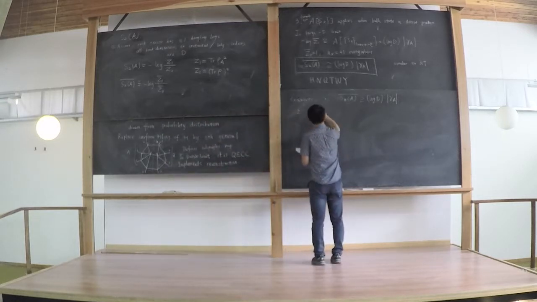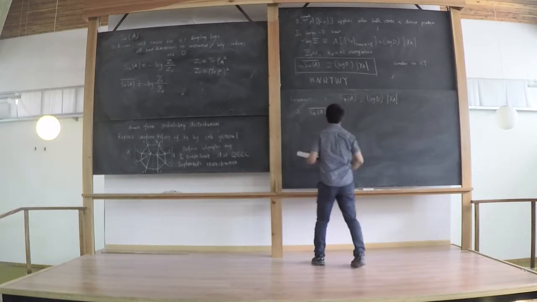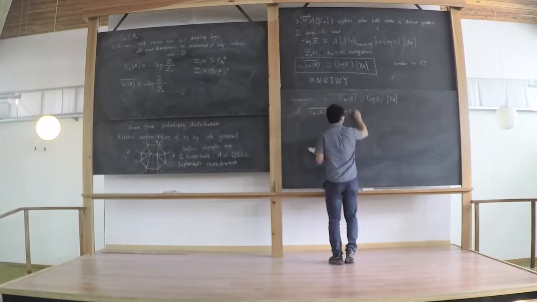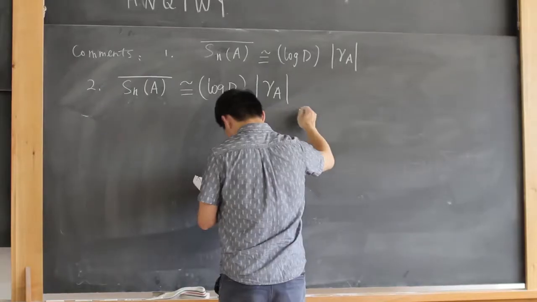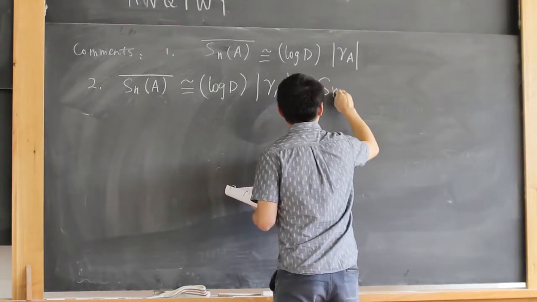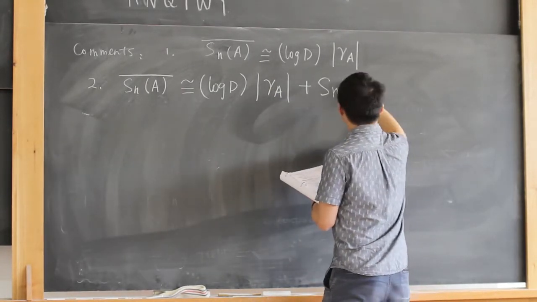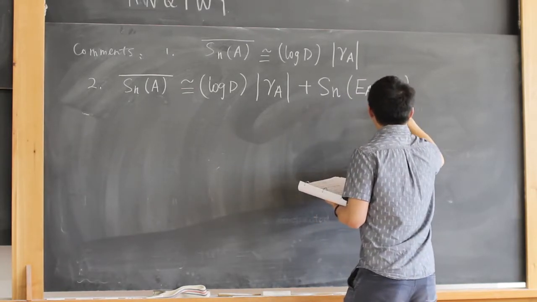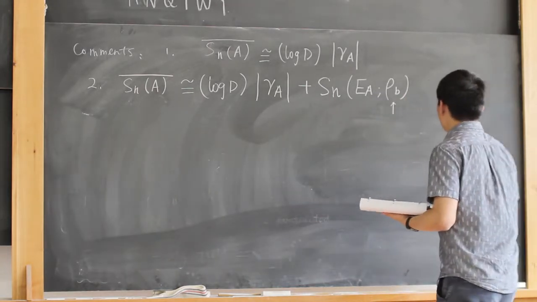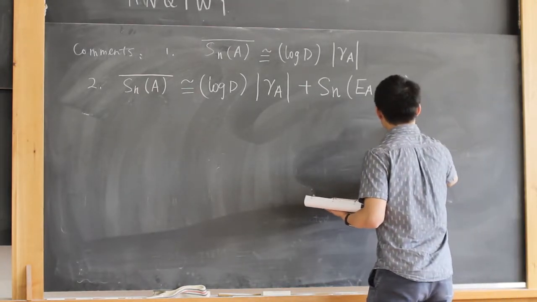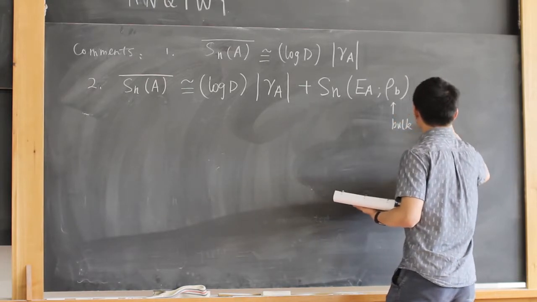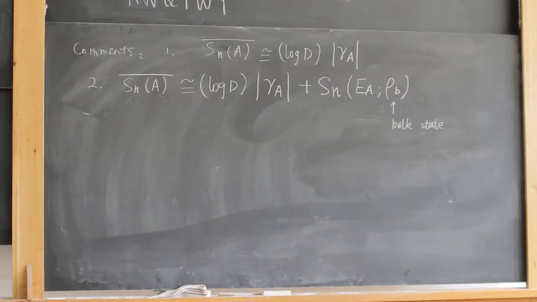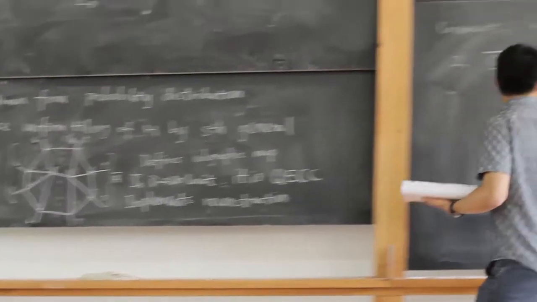So in terms of the formula, we find when everything settles that the Rényi entropy would be this plus a bulk Rényi entropy that is obtained by first looking at the bulk state. So that's called rho B. That's the state that we define on these tensor legs, for example.